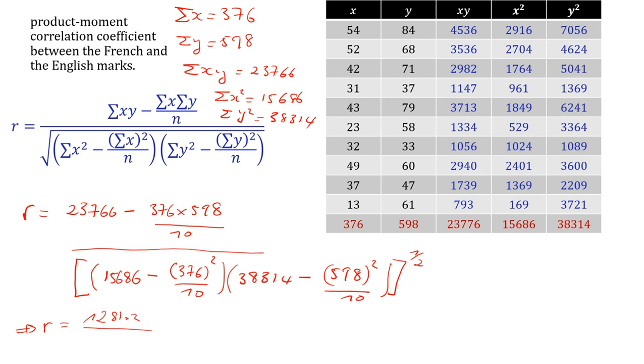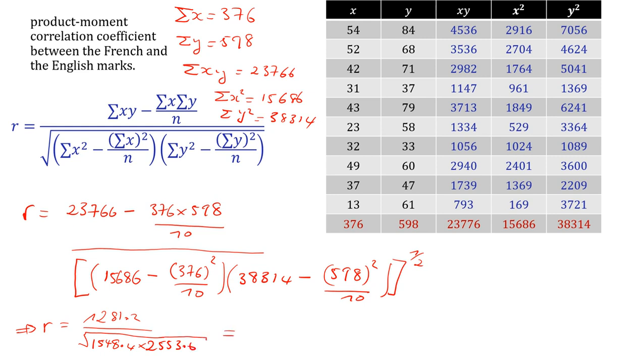So here we have the first bracket giving 1,548.4. So we'll have the square root of 1,548.4 times the second bracket. So it gives 2,553.6. So times 2,553.6.